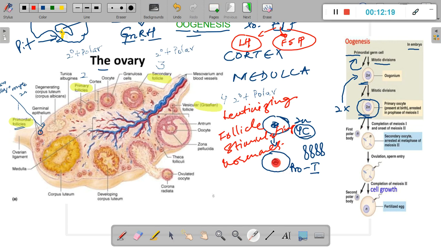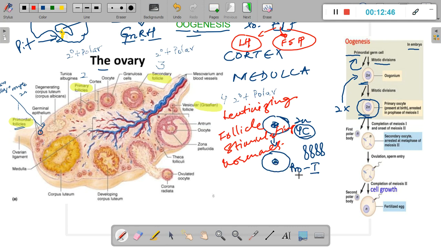This primary oocyte had started to undergo meiosis, but the moment it started, it reached prophase 1, the first stage of meiosis 1, where recombination was taking place. The cell is arrested, all metabolic activities are arrested. But now, exactly at the point of puberty, these hormones tell this primary oocyte to proceed further.